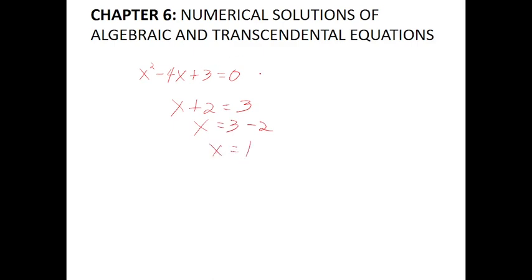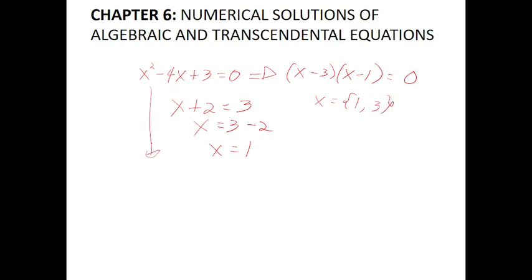So in this example I have x minus 3, x minus 1, factoring it out, right? So x squared minus 4x plus 3. Then I have now the following values of x, 1 and 3, that satisfy this equation.